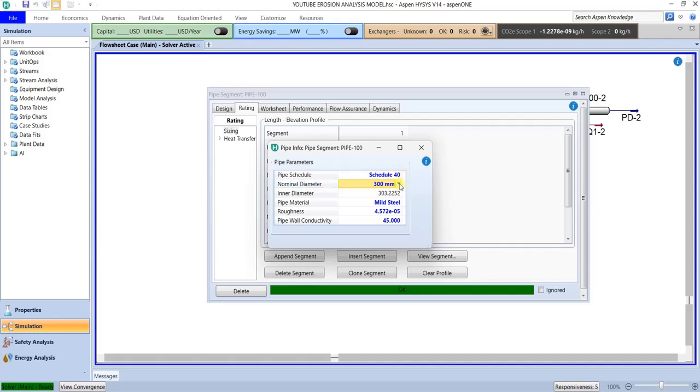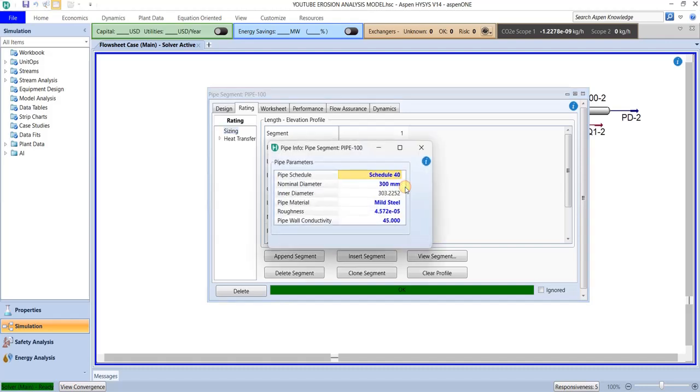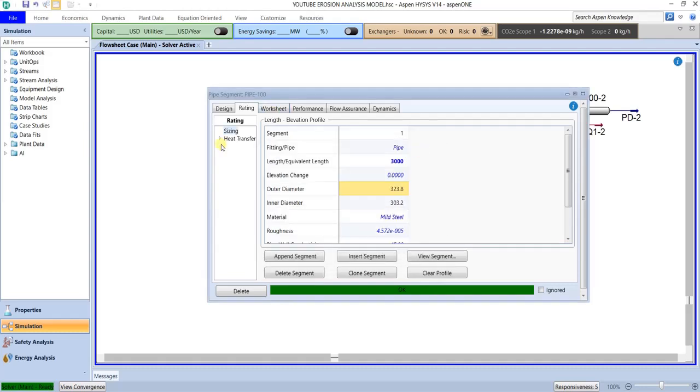So the software uses nominal diameter to calculate the inner diameter and the outer diameter. So nominal diameter is 300 millimeters. So it calculates the outer diameter as 323 and the inner diameter as 303, right? Yes, so we are good to go with this. Okay, so we continue.